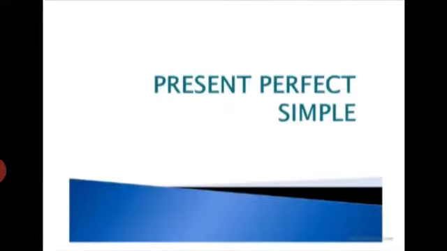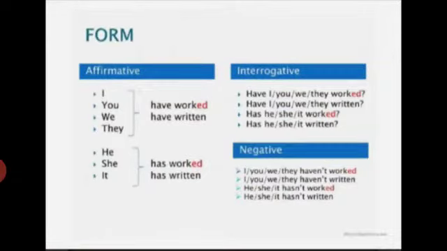Okay, now let's start with the form of the present perfect. In the affirmative form, we use it like this: subject plus have or has plus the past participle of the verb. Here we have some examples. I have worked, you have worked, we have worked, they have worked.